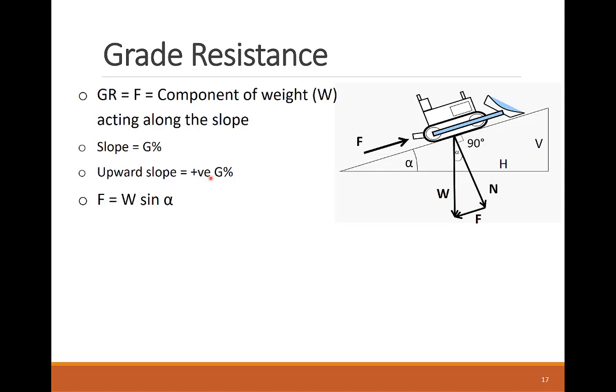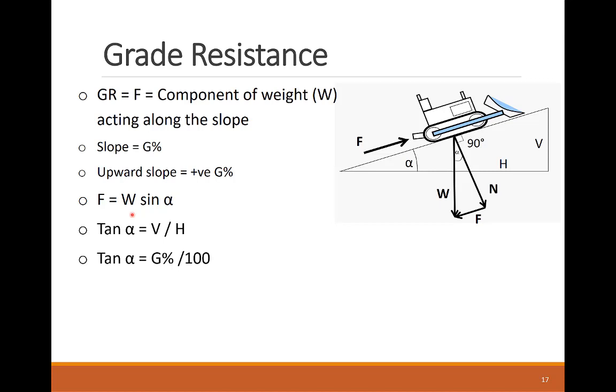From the geometry of the shown free body diagram, F equals W times sine alpha, where alpha is the angle between the vertical equipment weight and the line perpendicular to the sloped surface. This angle is the same as the slope surface angle with the horizontal ground, whose tangent equals the vertical rise over the horizontal run, or the grade value G in decimals.